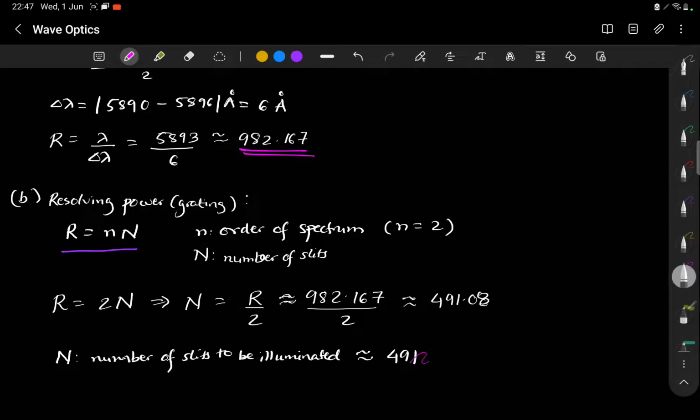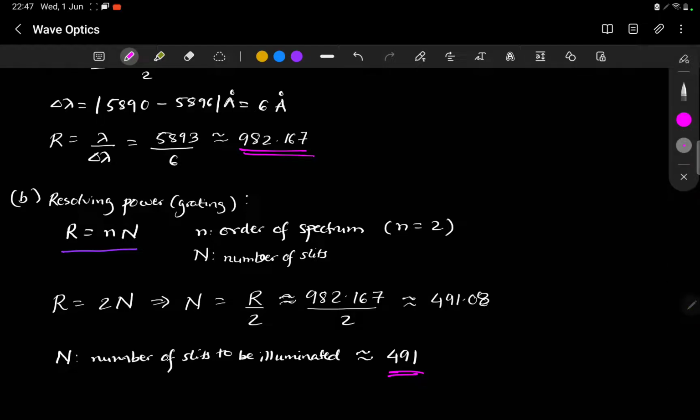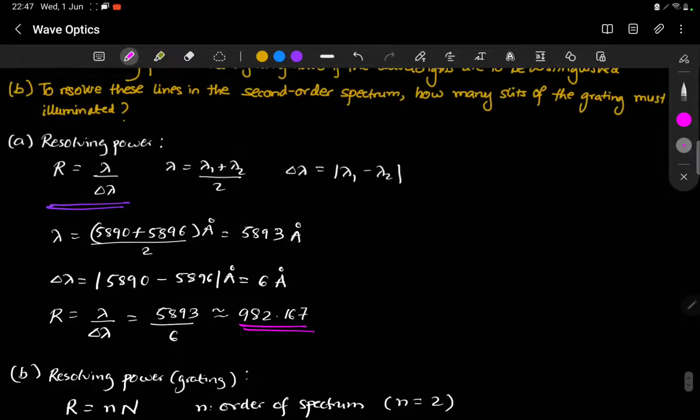So at least these many slits we need to illuminate in order to resolve the given wavelengths that we have. So this solves the question.